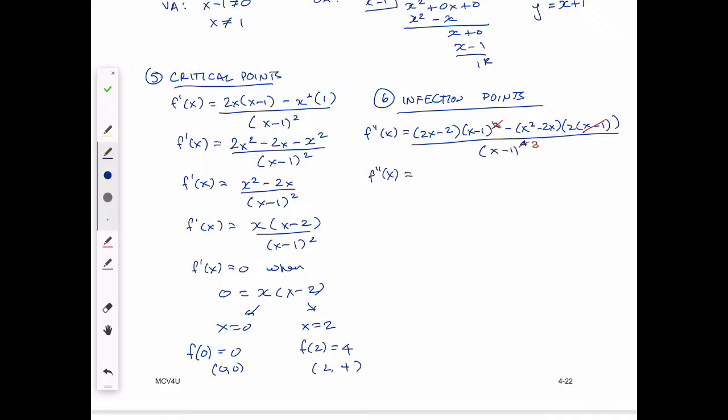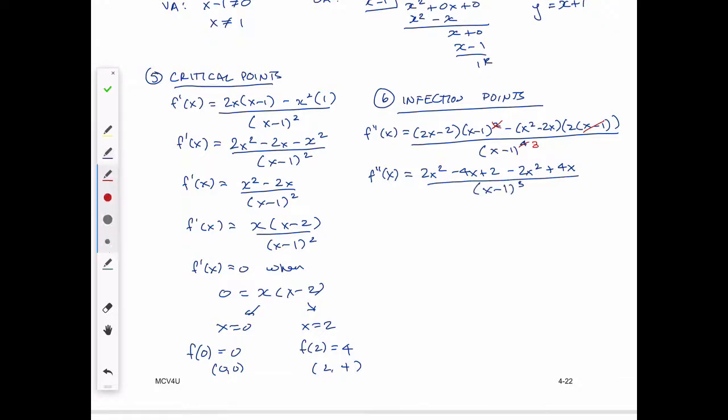And I just have to expand 2x, so it's 2x squared minus 2x minus another 2x is going to be minus 4x plus 2. Subtract our 2 times x squared, so 2x squared. And then 2 negatives make a positive 4x, all over x minus 1 to exponent 3.